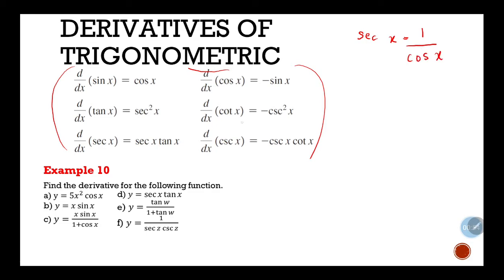And the derivative for cot x. Cot is 1 over tan, right? Okay, cot x is 1 over tan x. And for cosec x, it can also be represented like this.